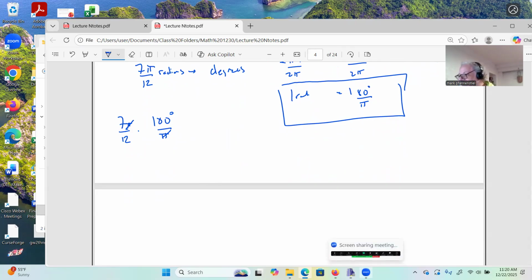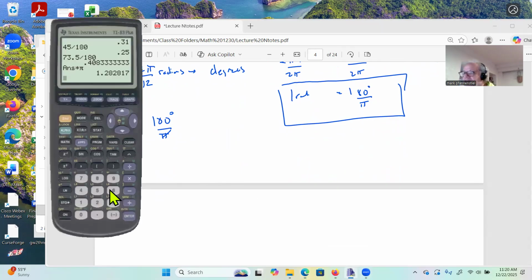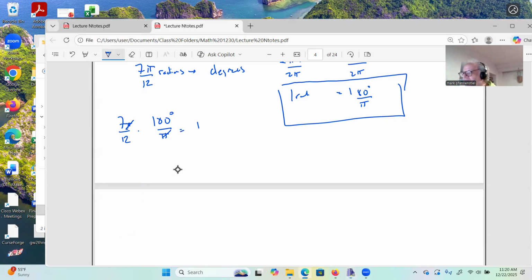Let's figure that out: 7 divided by 12, times 180, and we end up with 105 degrees. Notice the little degree symbol is there now because it's in degrees. I didn't technically write a unit for my radians because we don't usually do that.